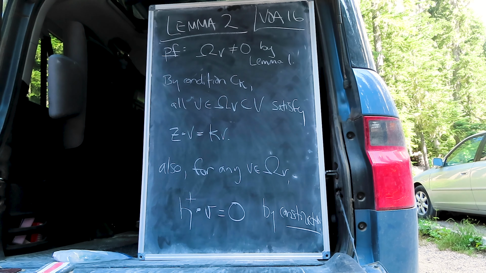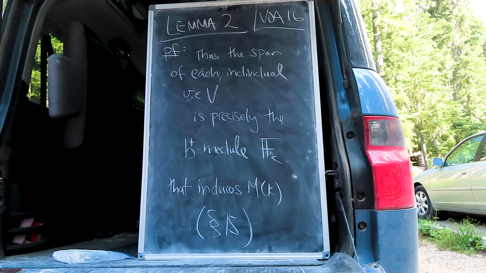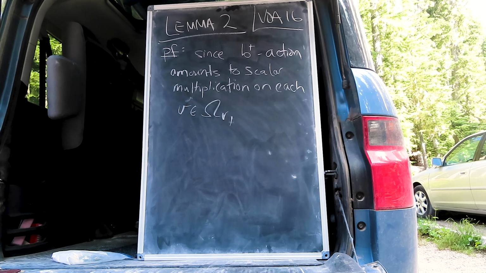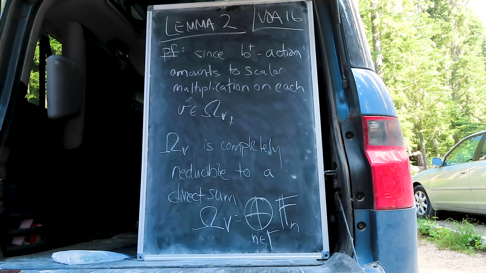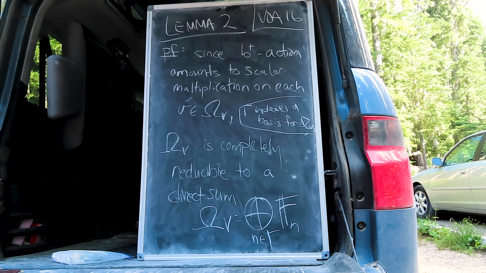By the nature of the vacuum, each vacuum vector is annihilated by the subspace H+. Thus, the one-dimensional subspace generated by any vacuum vector v is precisely the B+ module isomorphic to F, considered last time as the foundation for the induced module M of k. Since the B plus action on the vacuum amounts to scalar multiplication by either k or 0, the vacuum is reducible to the direct sum of one-dimensional subspaces for any particular choice of basis for the vacuum. And we're done. In what follows, it will be useful to define an index set for that basis, say capital gamma.